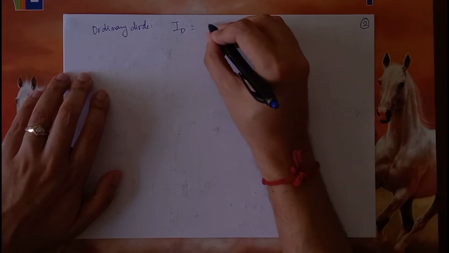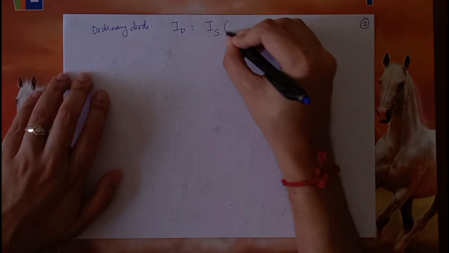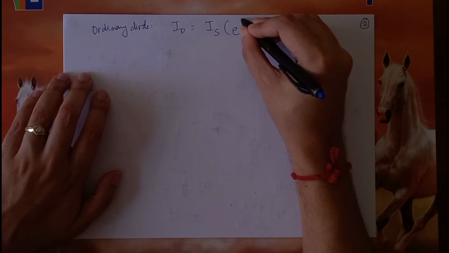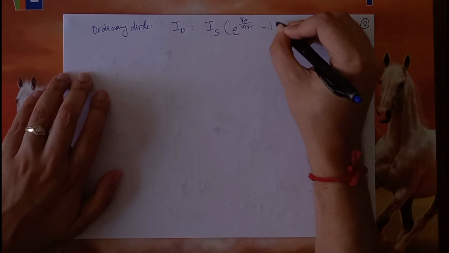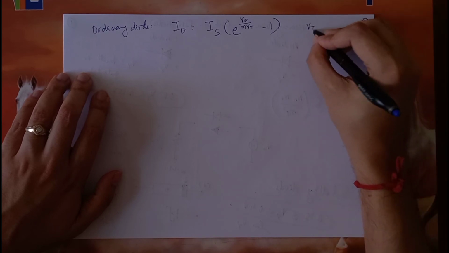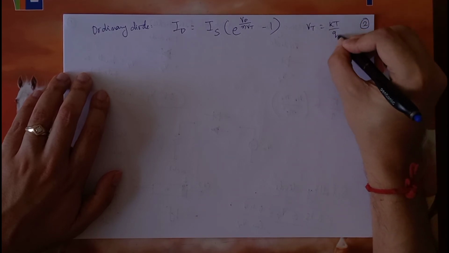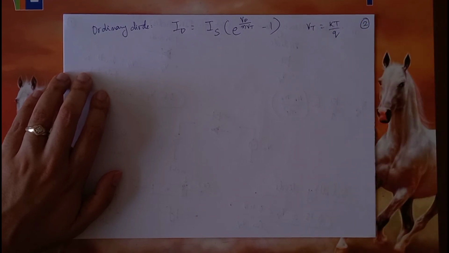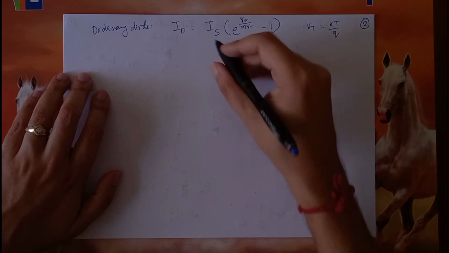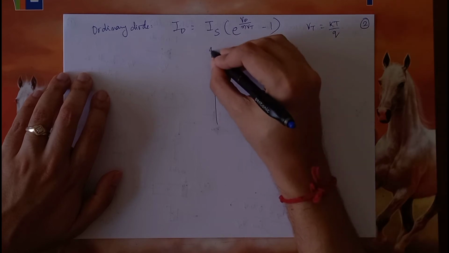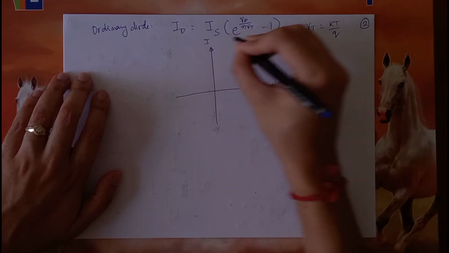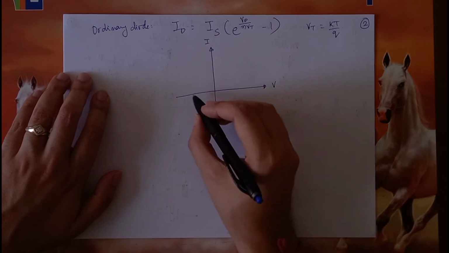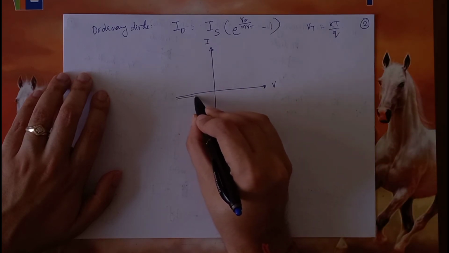So, if you recall, the diode current is essentially Is times e raised to Vd by eta times Vt minus 1, where Vt is kT by q. So over here, when you draw the IV curve for a normal diode, effectively what happens is that it looks like this.